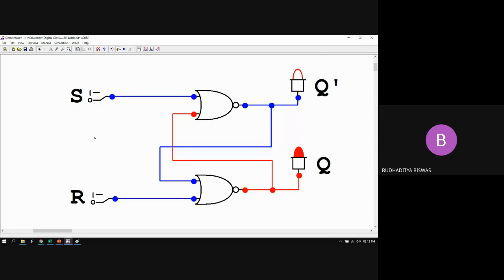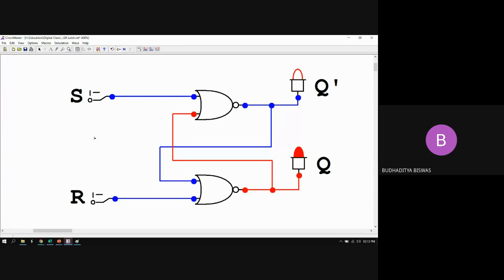What will happen? Sir, nothing. So no changes are there. Input S is changing from 1 to 0. Previously R was changing from 1 to 0. But when both the inputs are connected to 0, nothing will happen at the output. Output is holding its previous state. So this is the concept of memory. Got it?